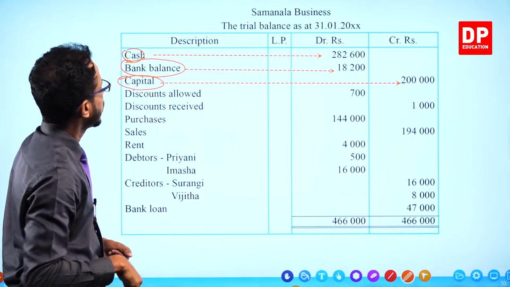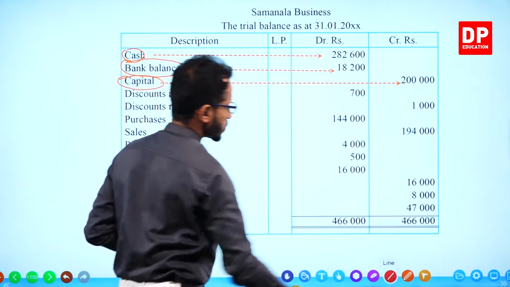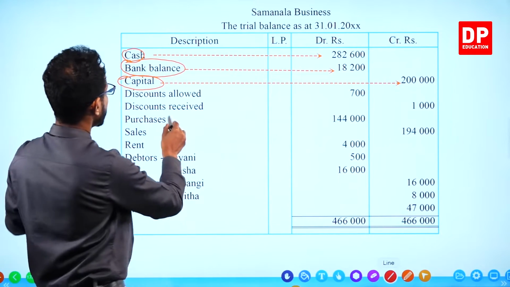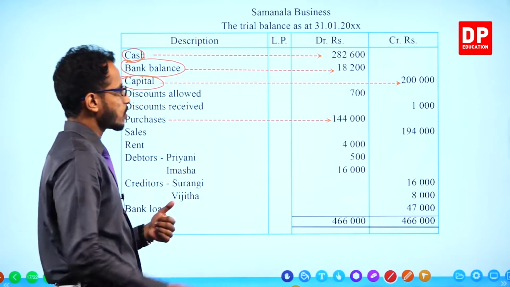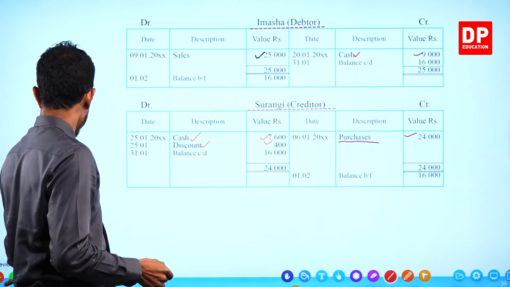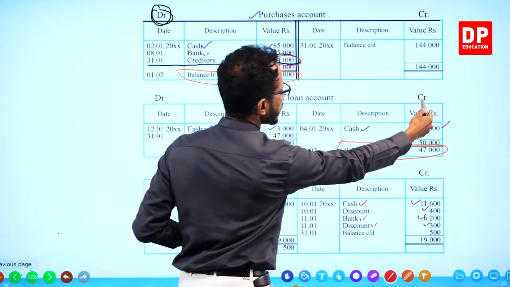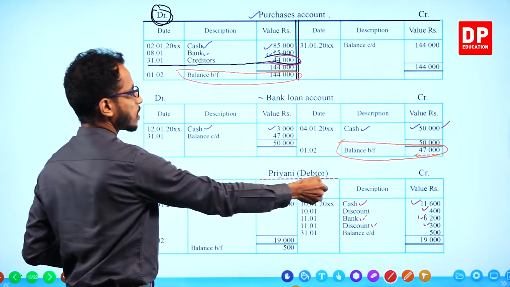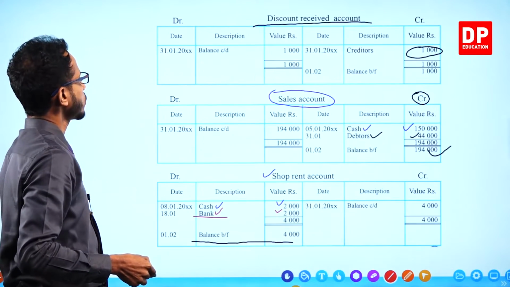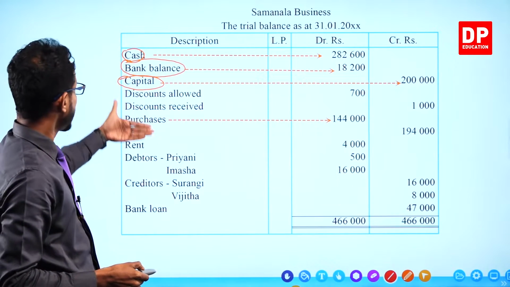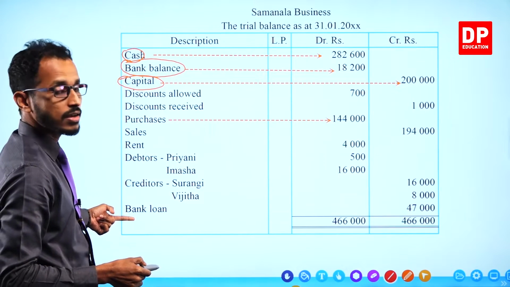Do you have the purchases account balance? Yes, 144,000. Do you have the bank loan account balance in the credit side? 47,000. Yes, it is there.